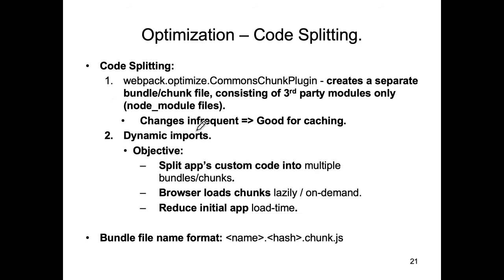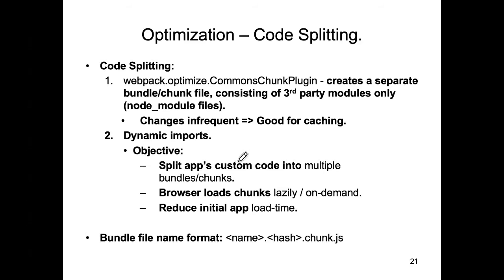What's the objective of dynamic imports? The objective is to split your app's custom code into multiple bundles or chunks. You can control it from the source code. The idea then is that the browser loads the chunks lazily, in other words, only as it needs them.